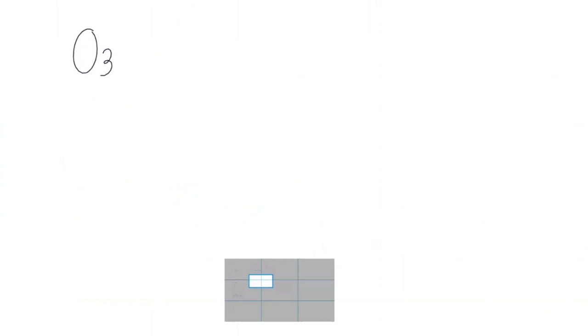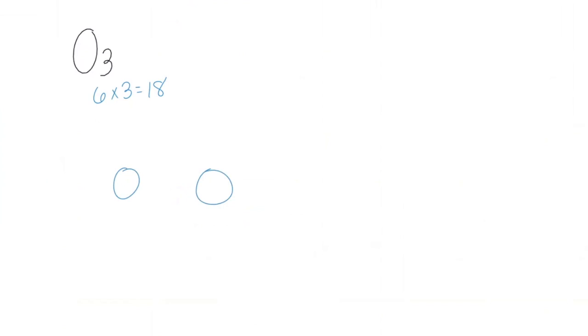Ozone. All right, O3. So, starting out, counting our electrons, I have 6 per oxygen, and there's 3 oxygens. So 18 electrons. All right, and then 1, 2, 3. Step 3 says we're going to connect those with single bonds.